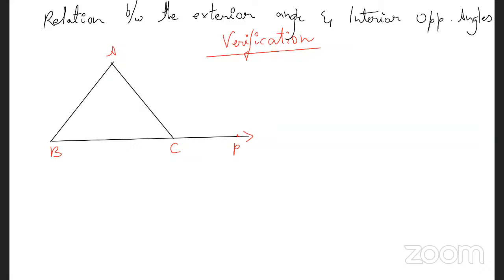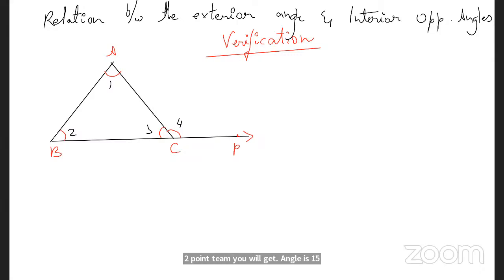Angle 1, 2, 3, and 4. Okay, so if you extend BC of triangle ABC to point P, you will get the exterior angle ACT.